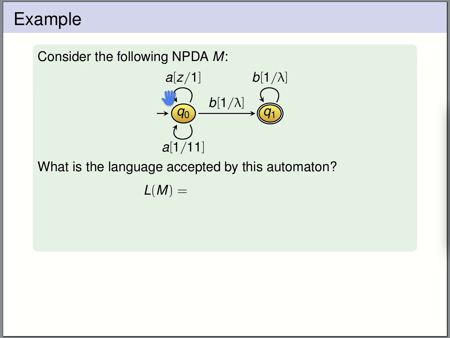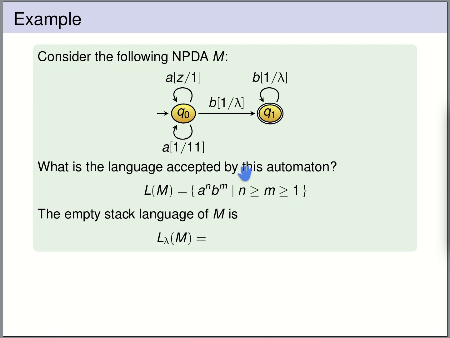So the language of this automaton is of the form A to the n, B to the m, so all the words of the form A to the n, B to the m, such that we have at least as many A's as we have B's, so n is greater or equal than m, and we must have at least one A and one B, so n and m must be at least 1.